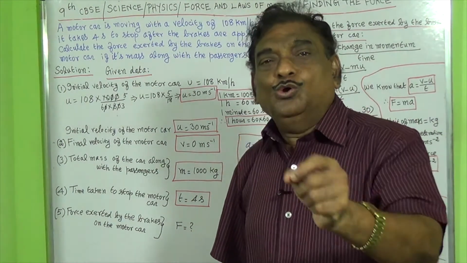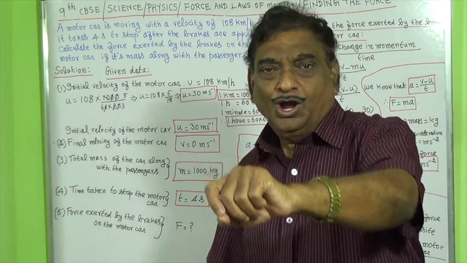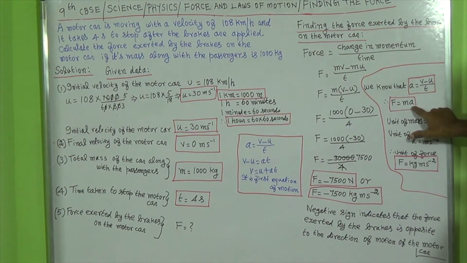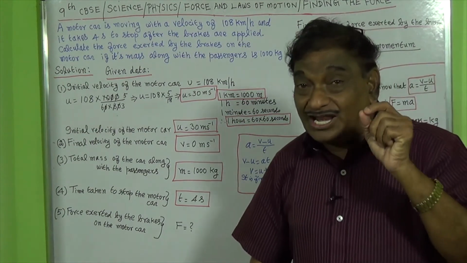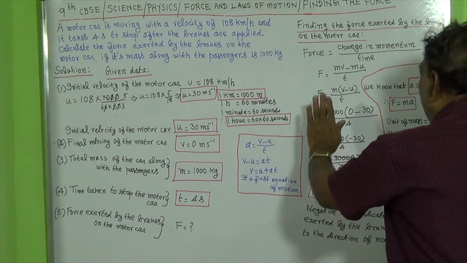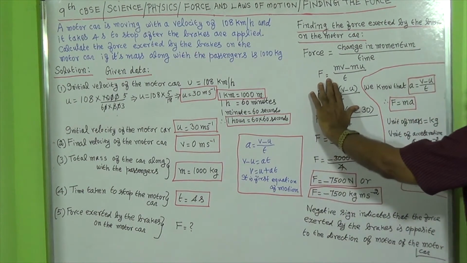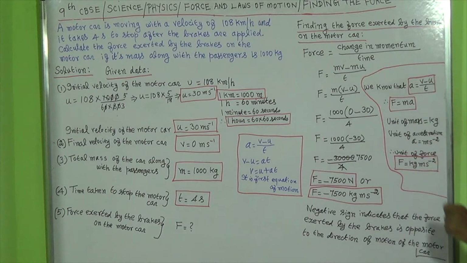After that, you can substitute the acceleration calculated by you in the formula F equal to ma, because we know that acceleration equal to change in velocity by time. That is v minus u by t. What is v minus u by t? It is nothing but acceleration.